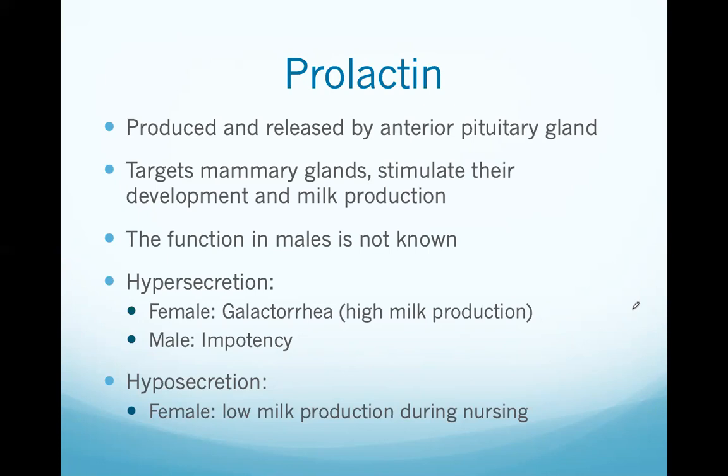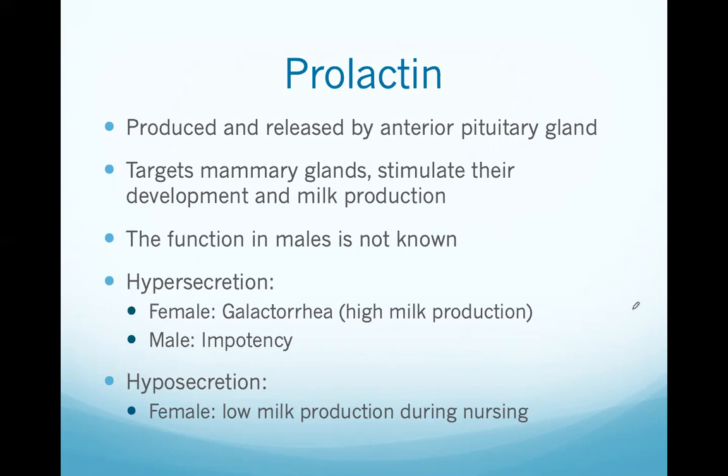And there are a lot of products on the market that advertise that they can help a mother increase her milk production. Some work, some don't. It depends on the individual as well. Hypersecretion of prolactin can have a significant negative impact in males and causes impotency.